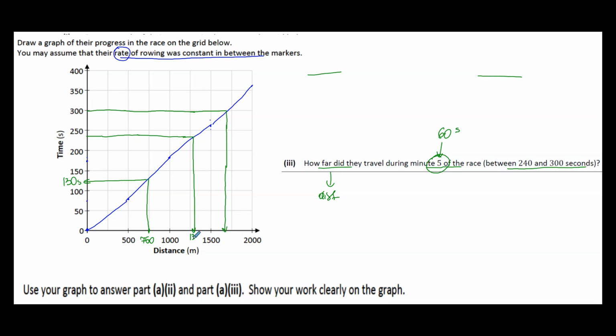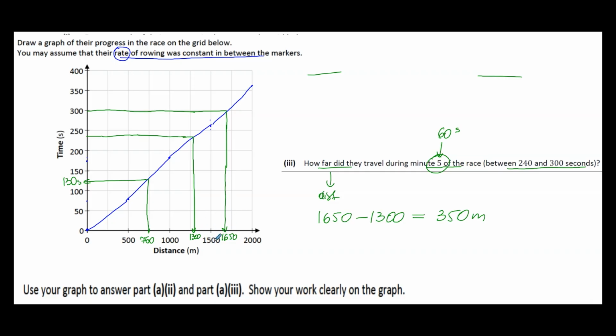This is about 1,300. This is about 1,650. So if I find the difference between the two values, it's about 350 meters, that's what they did between the two. But like I'm saying, this is all an estimate. These are around the values that we should be getting as the answer.